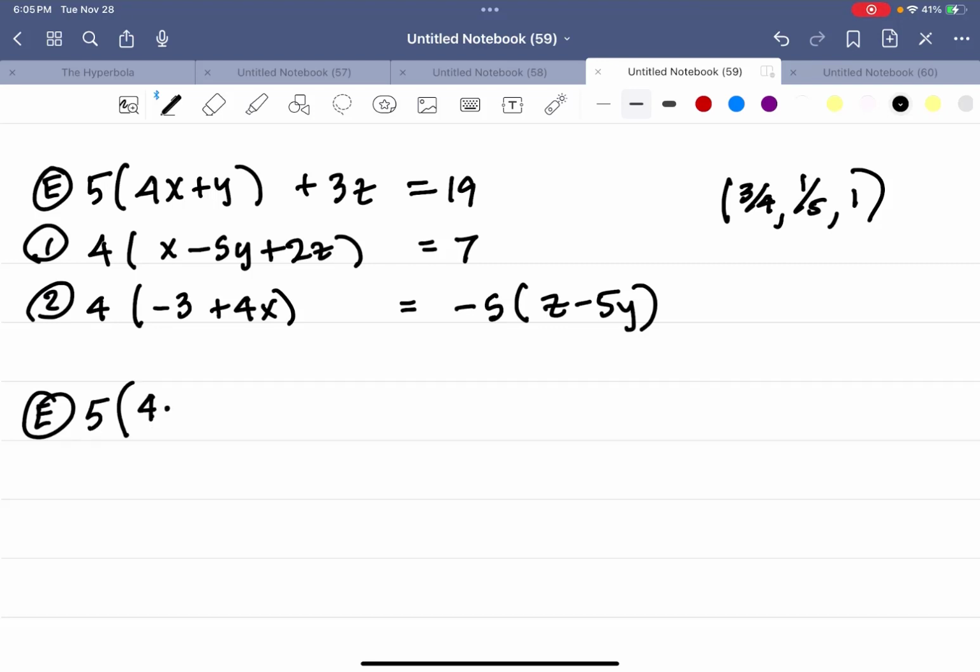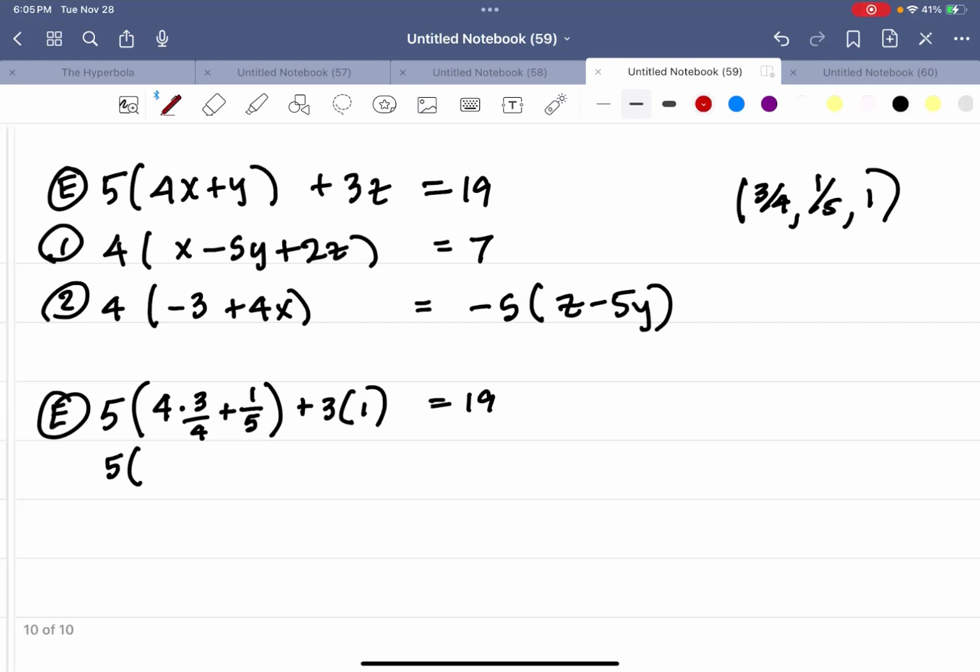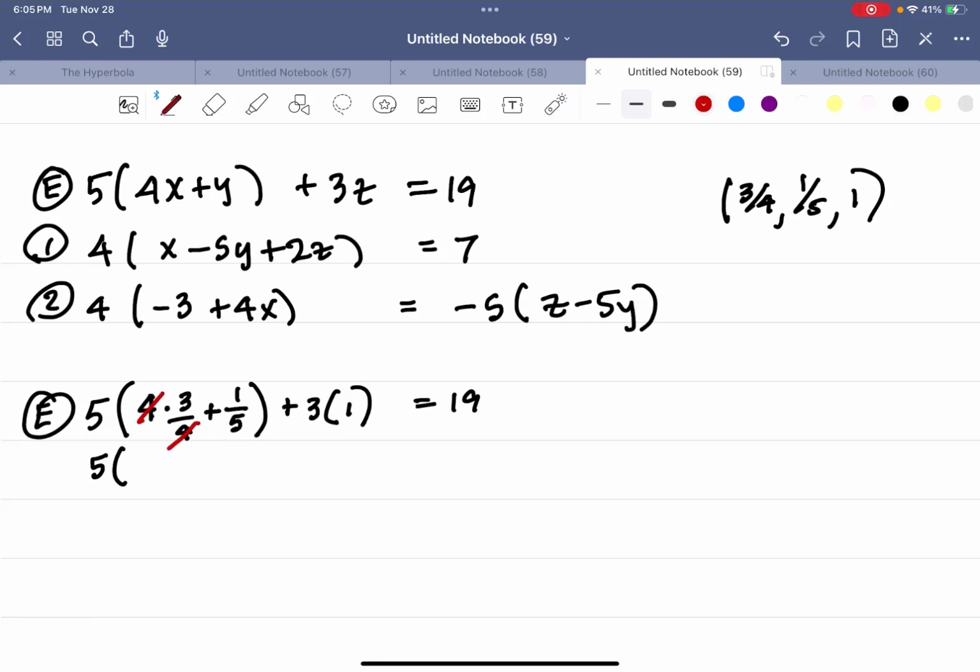20 times 3/4 plus 5 times 1/5 plus 3 times 1 is supposed to be 19.